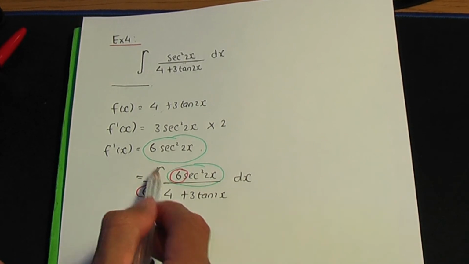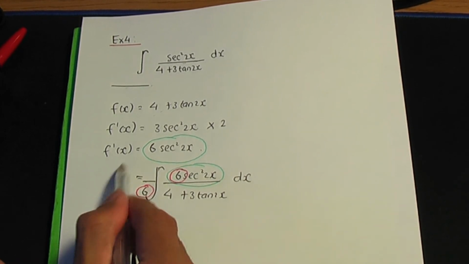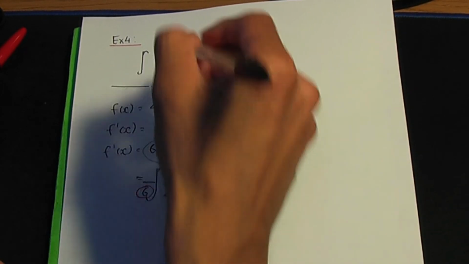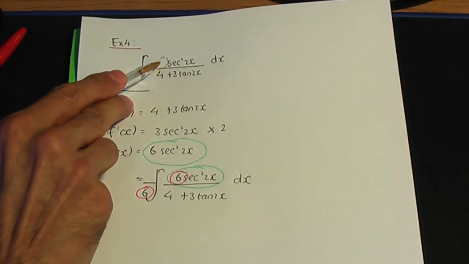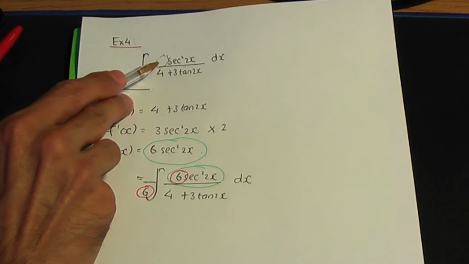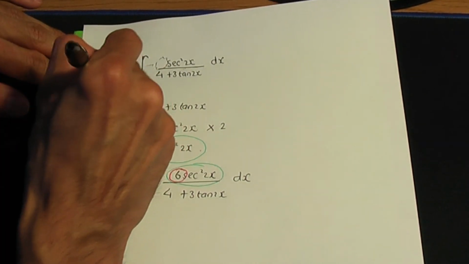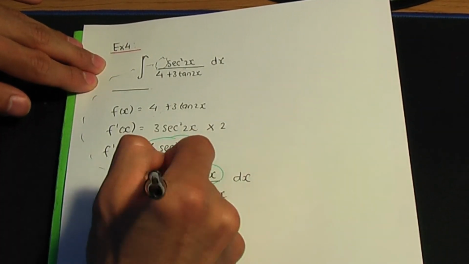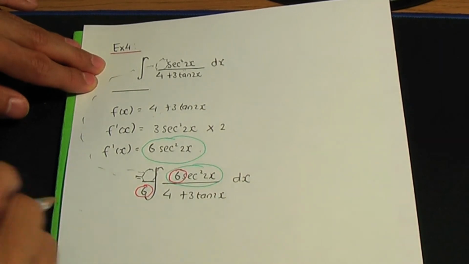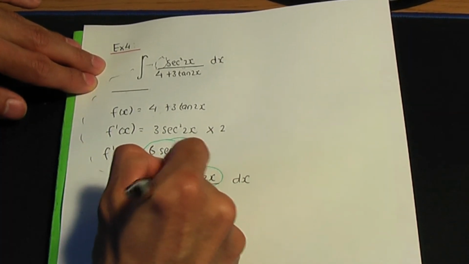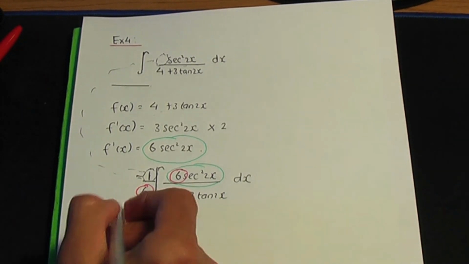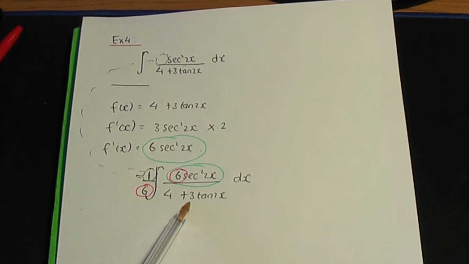Remember, you can only write constants outside your integration sign. And the number in the numerator of your question, the number 1, copy that on top here, so dotted black, dotted black. So 1 goes here. Then you do a double check.